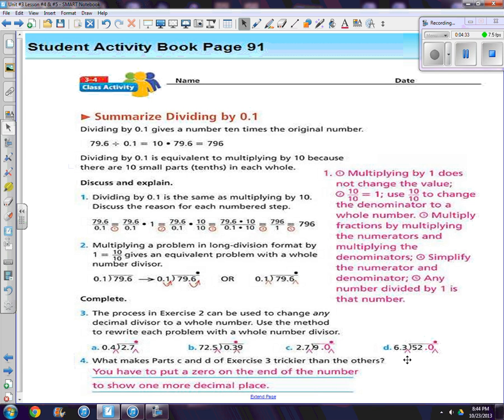And then the last one, letter D here, 6.3 into 52 really becomes 63. Move the decimal one place into 520.